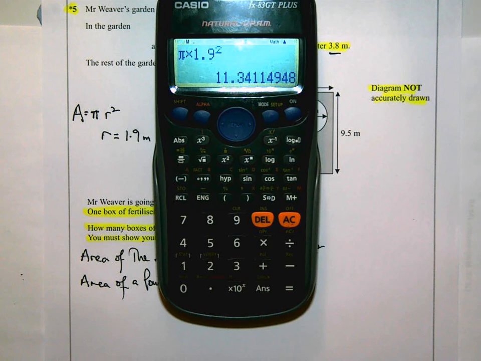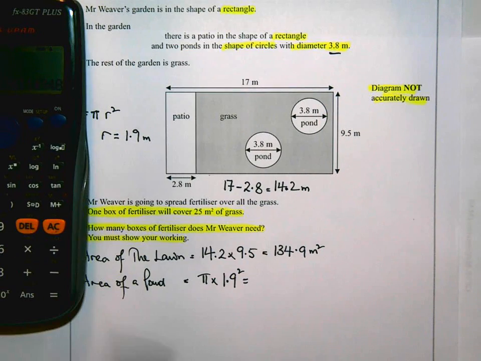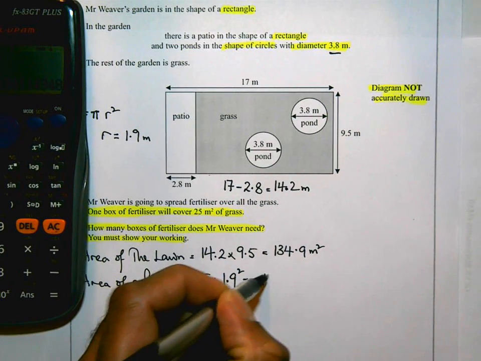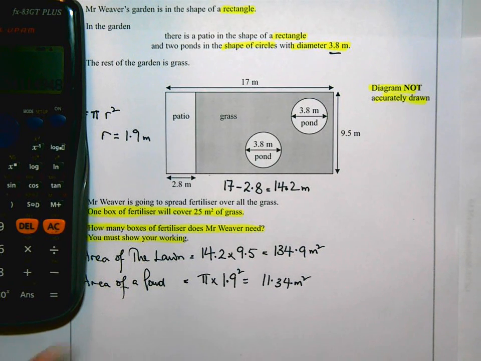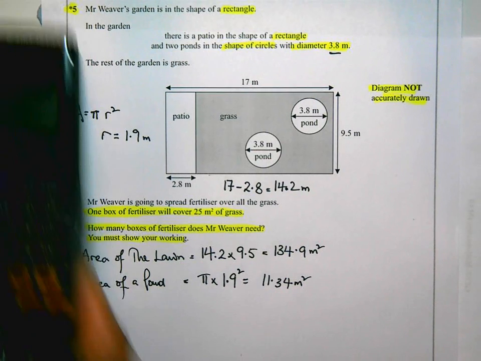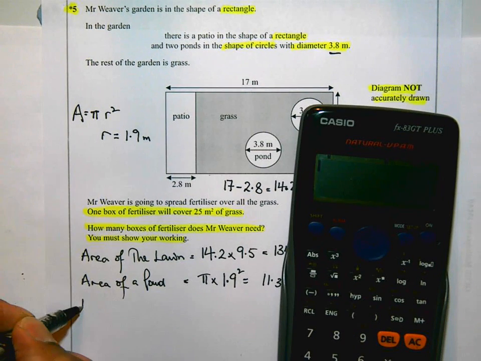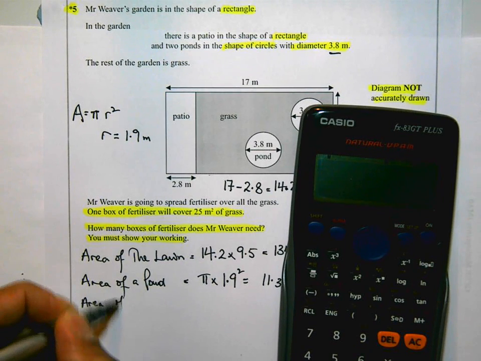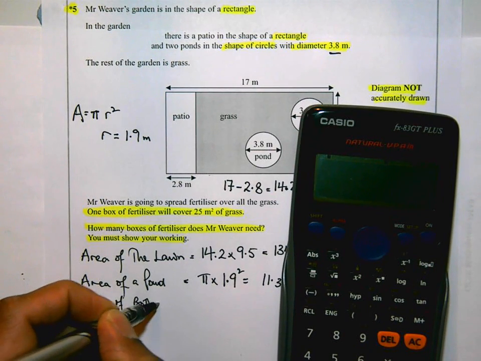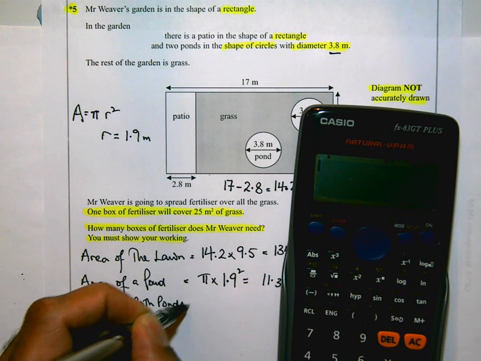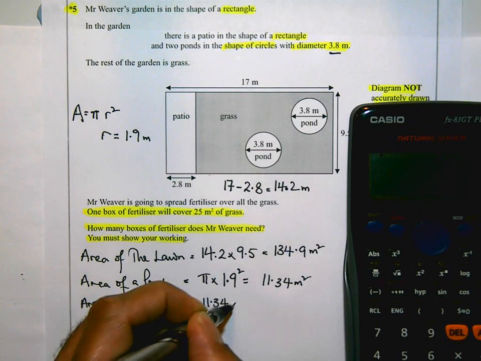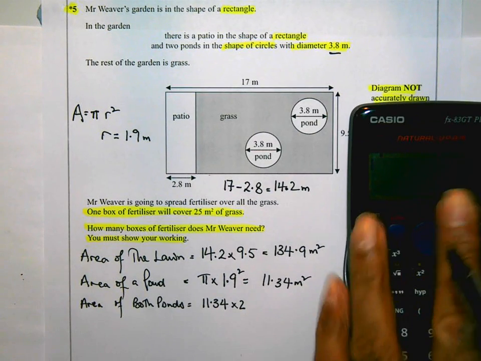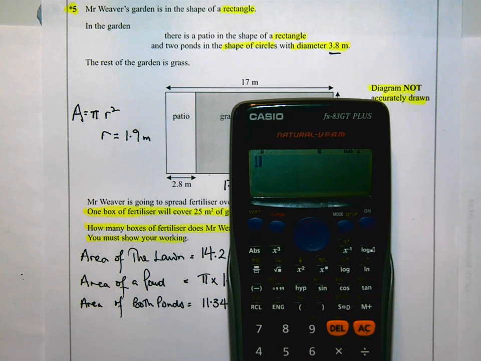I'm just going to write that to 2 decimal places, so 11.34 meters squared. Now that's the area of one pond, so the area of both ponds is going to be 11.34 times 2, that's 22.68.